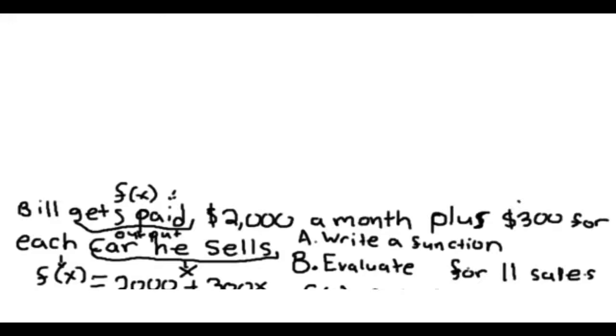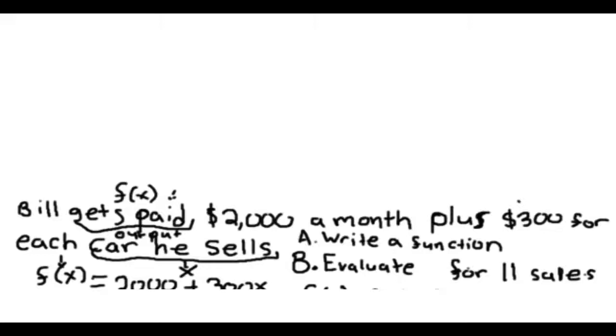Now instead of writing x, I'm just going to write 11. And that's equal to 2,000 and then 300 times 11, that's going to give us 3,300. And then 2,000 plus 3,300 will give us $5,300.